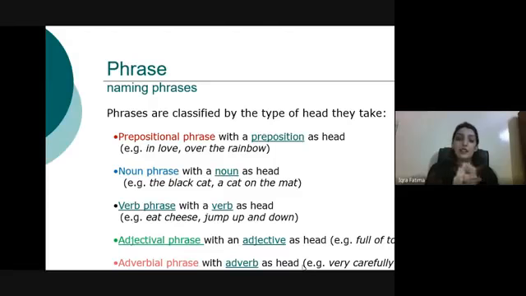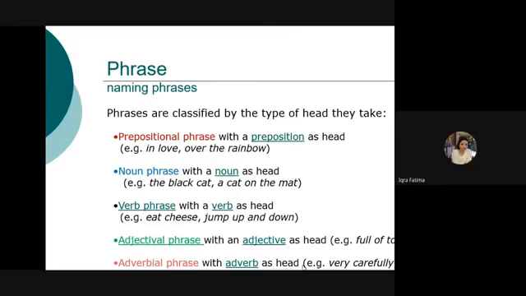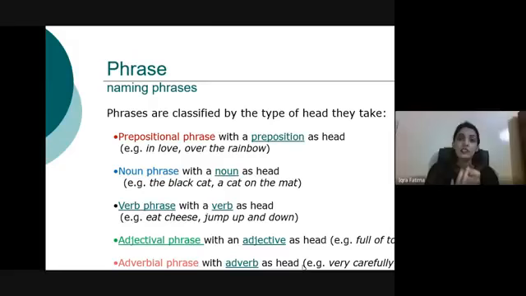If the head is a verb, your phrase is a verb phrase. If the head is an adjective, your phrase is an adjectival phrase. If the head is an adverb, your phrase is an adverbial phrase. Now, the third tip to identify the type of phrase.